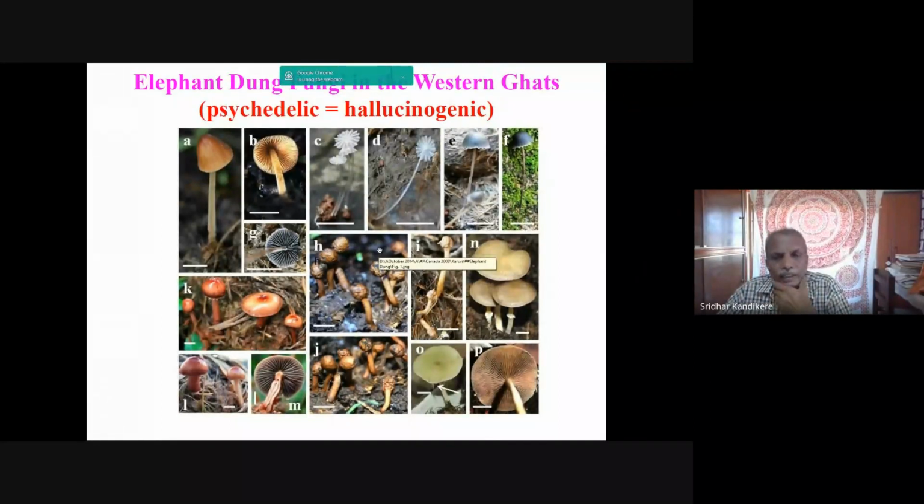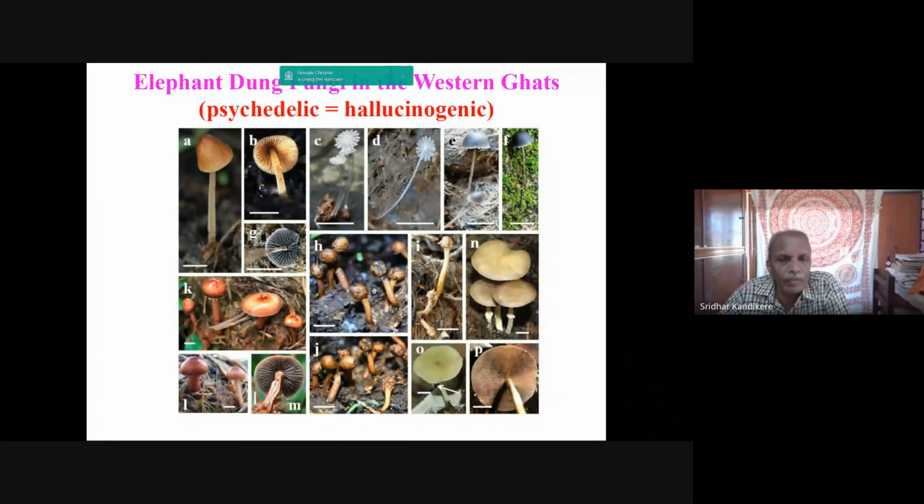But these mushrooms with hallucinogenic properties will be valuable because there is one concept known as hormetic dose or hormetic concentration. If you think of a poison at a very low, sublethal dose, it is going to act as a medicine rather than hallucinogenic or psychedelic.